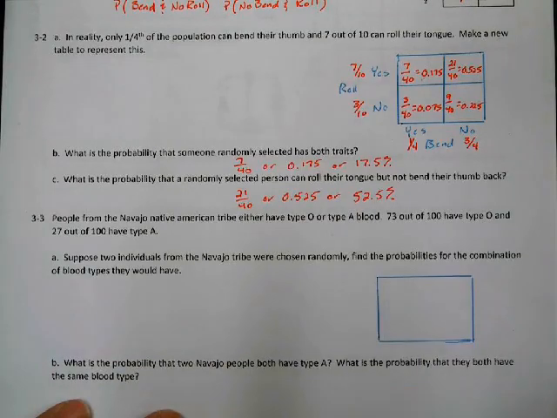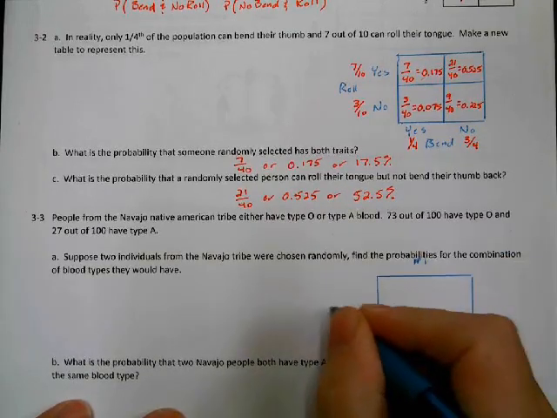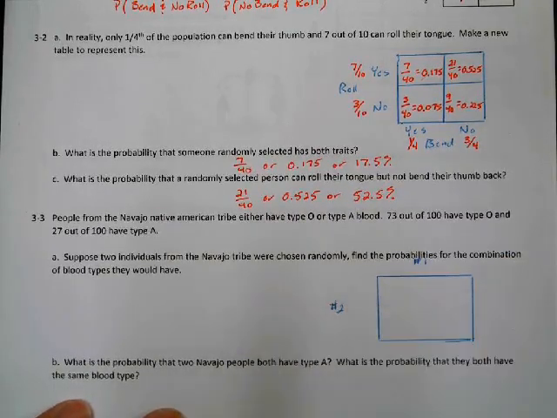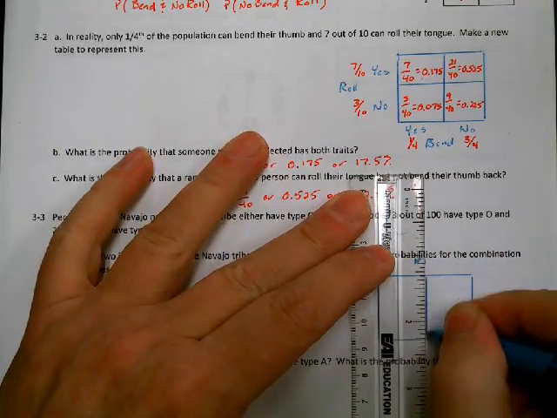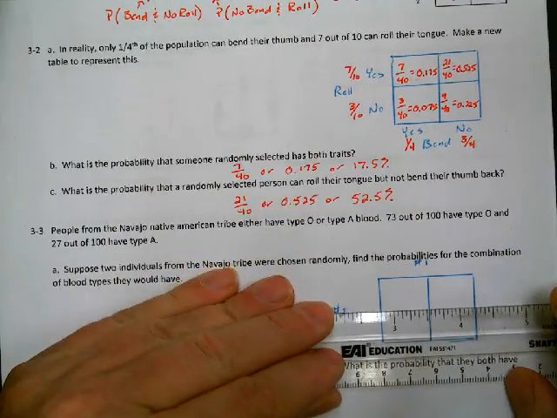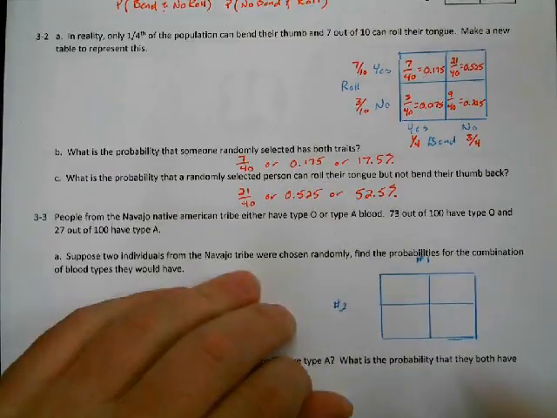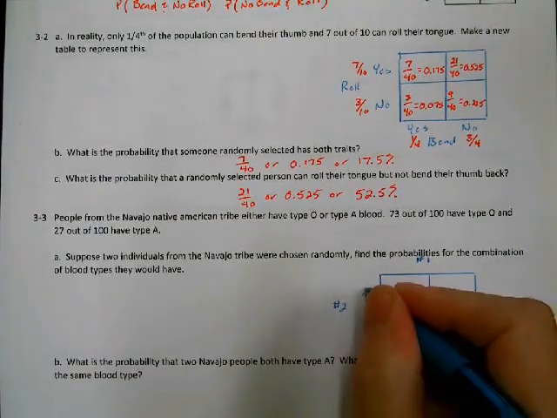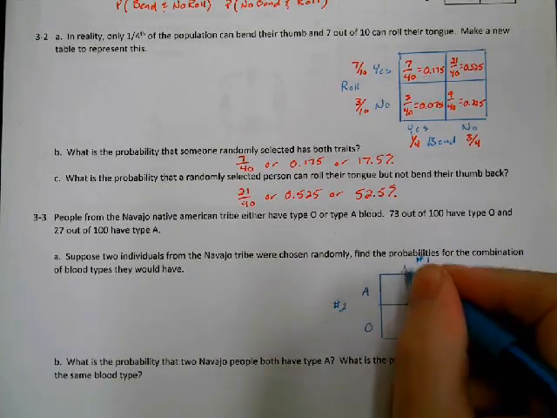This is going to be person number 1, and this is person number 2. So Navajo person number 1, Navajo person number 2. They have 2 possibilities. They can have A blood or they can have O blood.